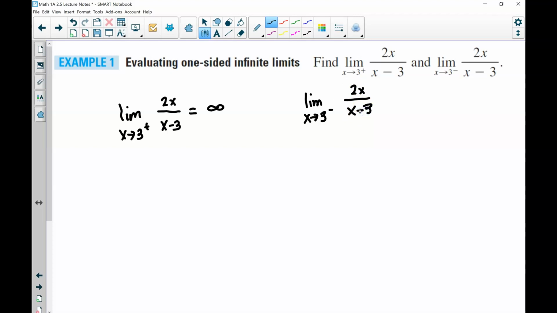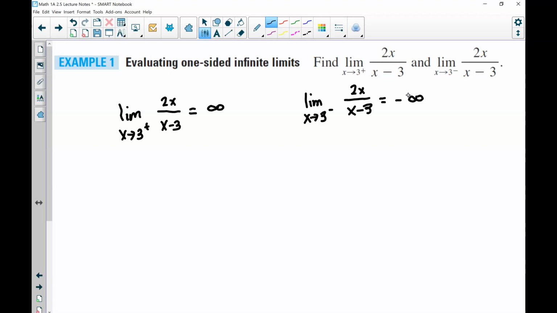Likewise, in this scenario, if x is close to 3 but smaller than 3, then the denominator x minus 3 is a small negative number, but 2x in the numerator is still a positive number close to 6. So 2x over x minus 3 is a numerically large negative number, and therefore this would be approaching negative infinity.